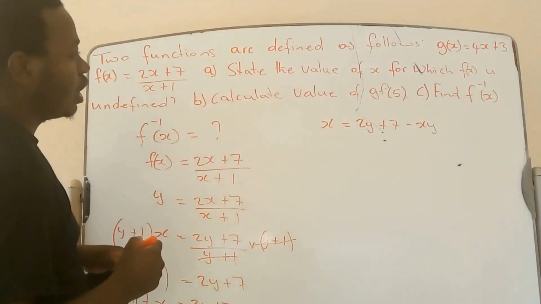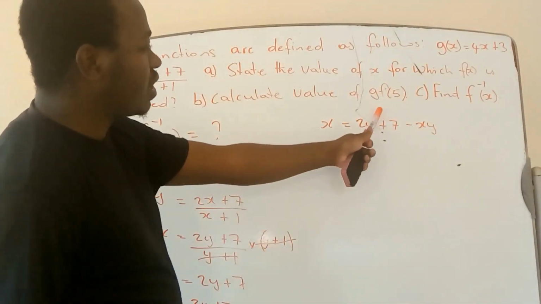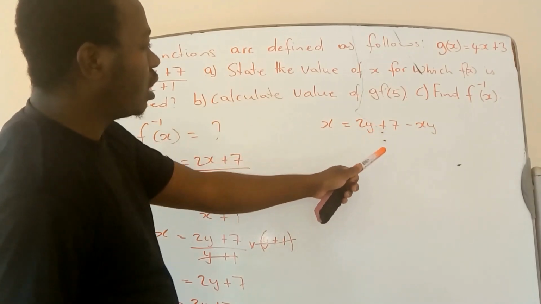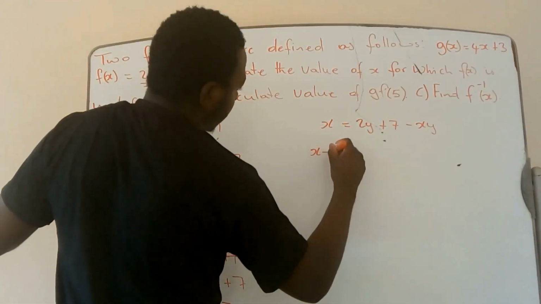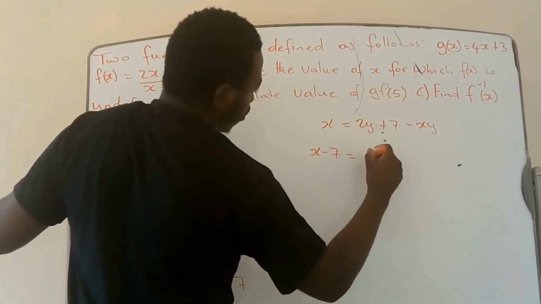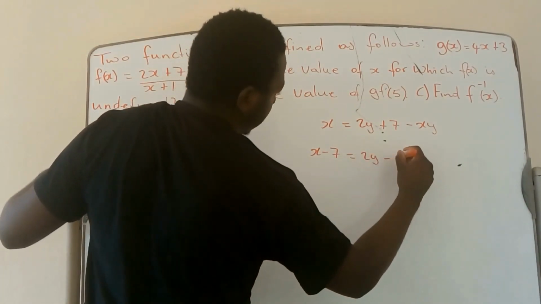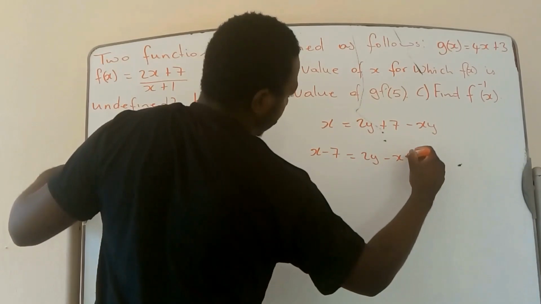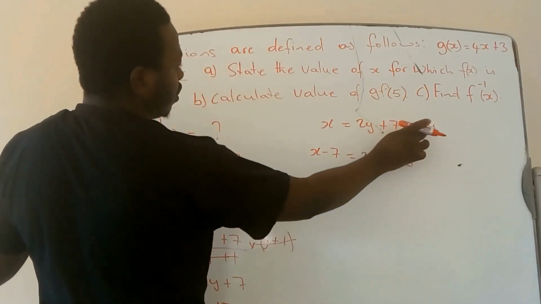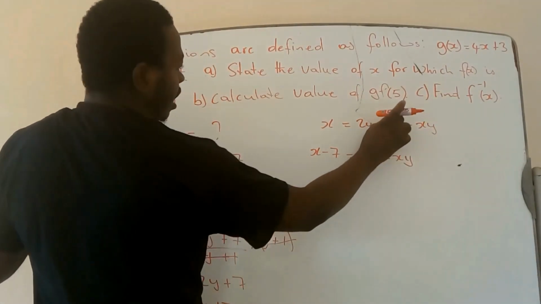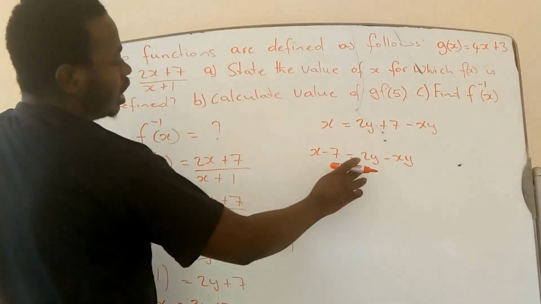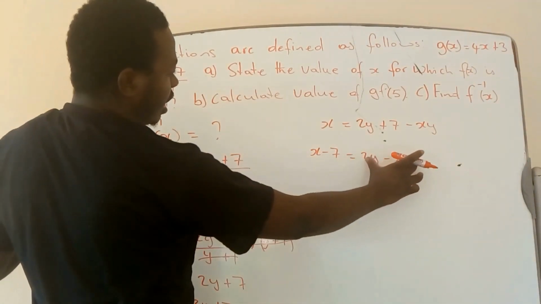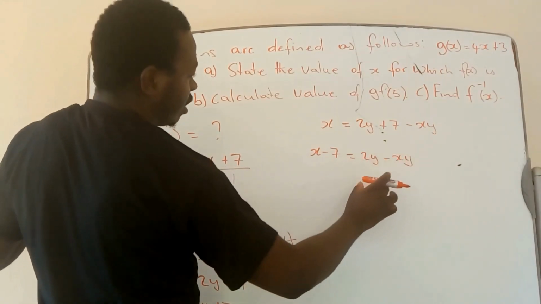Now I don't want this plus 7 on this side, so I am going to subtract 7 from both sides. On this side I will be left with x minus 7 is equal to 2y minus xy, because when I subtract 7 from this side, the positive 7 and minus 7 cancel out. Now you have two terms with y, so you can factor out y on this side.